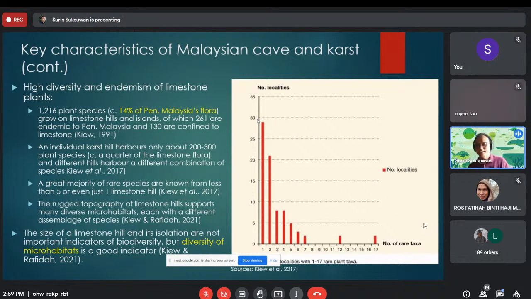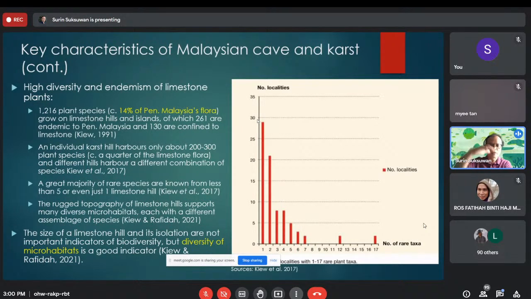I've got a little exercise on this, just to see whether we understand the distribution of plant species on limestone hills. Let's see whether it works or not. Okay, so given this situation, it basically means that you need to protect many limestone hills, not just a few. And you also need to target the limestone hills that have different kinds of microhabitat, different niches, different topography of the hill.